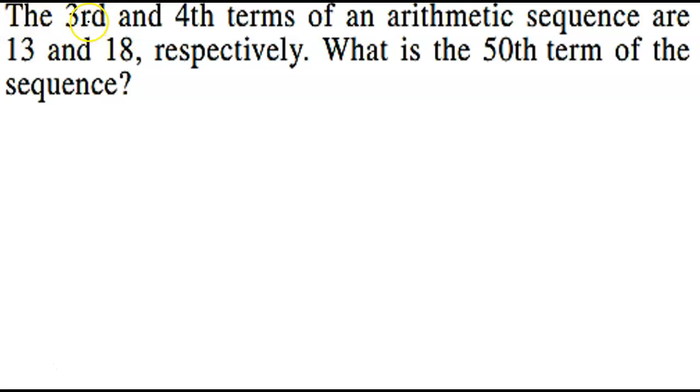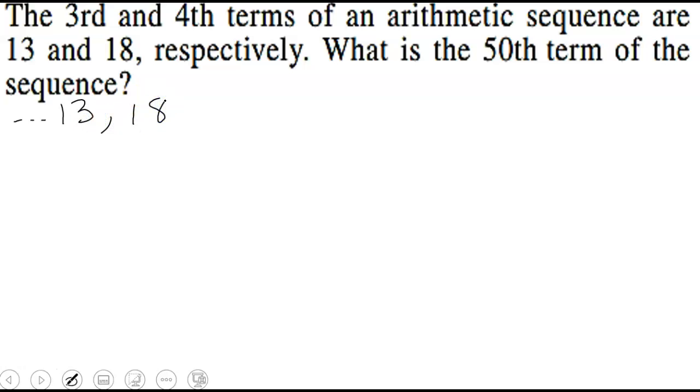When you are given the third term and the fourth term, the good thing is they are together. There's no space in between them, so that should make it easier. We have some number missing, and then the third term, which is 13, and the fourth term, which is 18.